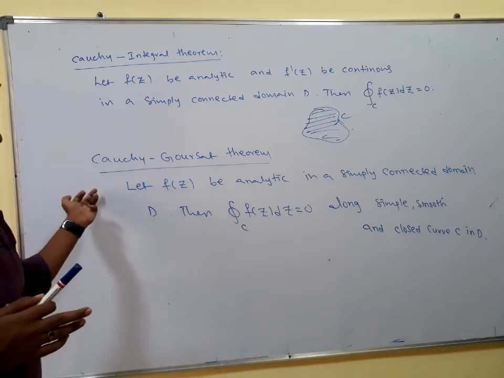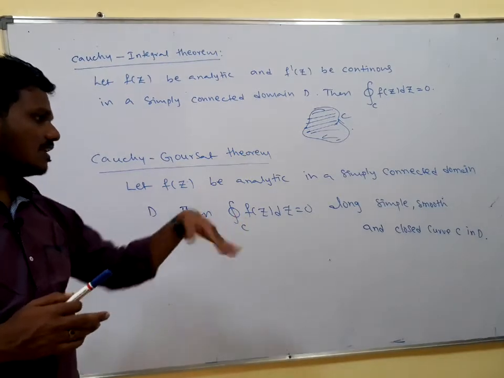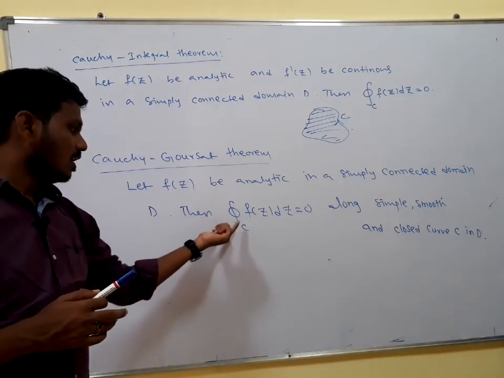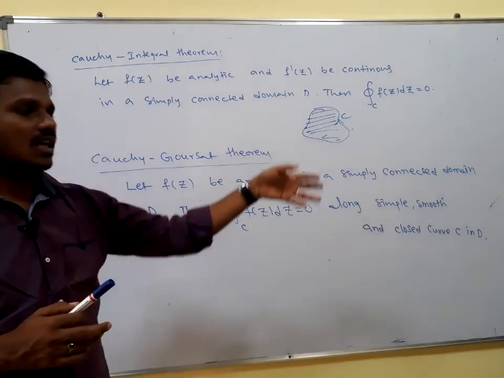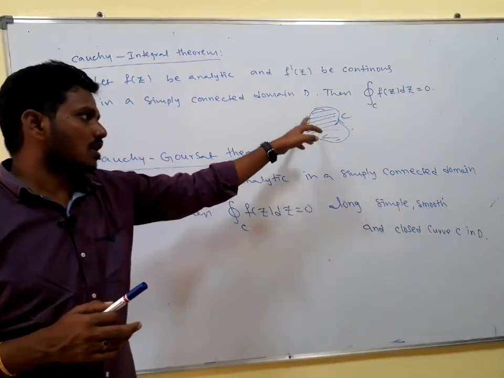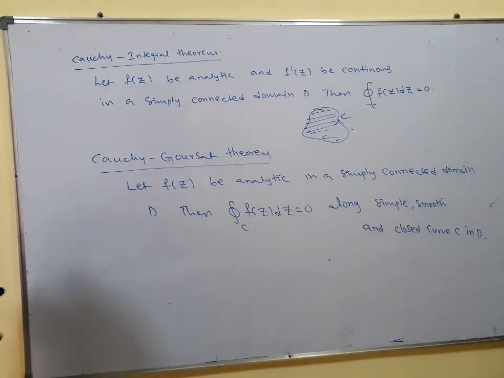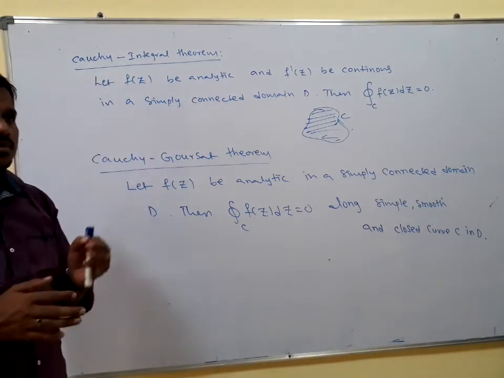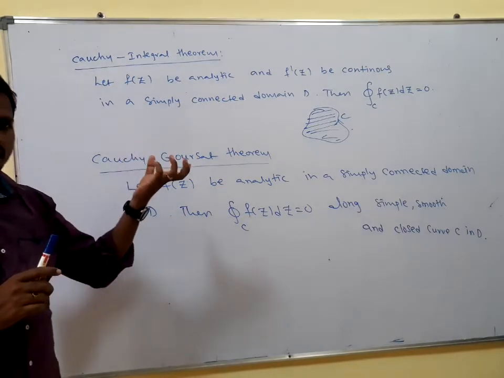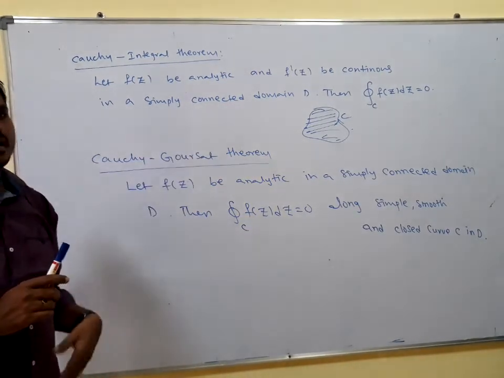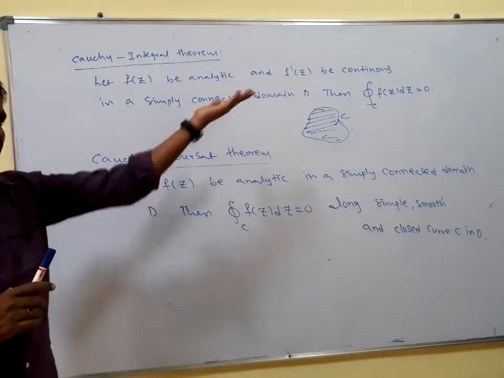Here the theorem statement is that f of z be analytic in a simply connected domain. If it is analytic in a simply connected domain, then the integral of f of z dz is equal to 0 along a simple, smooth and closed curve C in D. This is a simple and smooth closed curve C in the domain D. Right? Just concentrate here: based on Cauchy's integral theorem, the integrand f of z is analytic in the simply connected region, and f dash of z is continuous in that region, so the integral becomes 0.